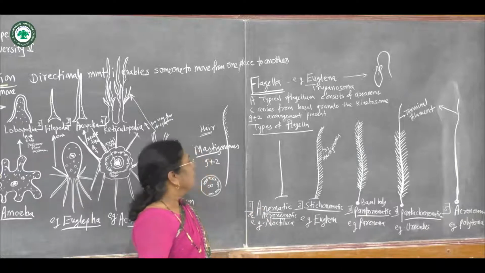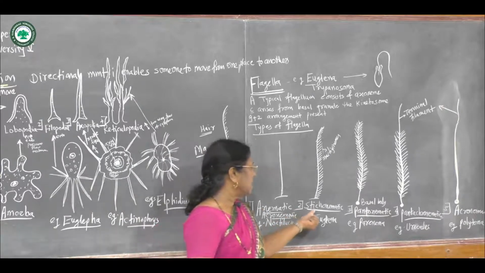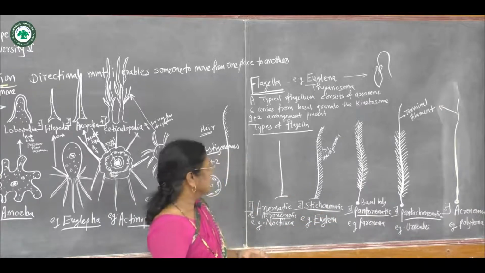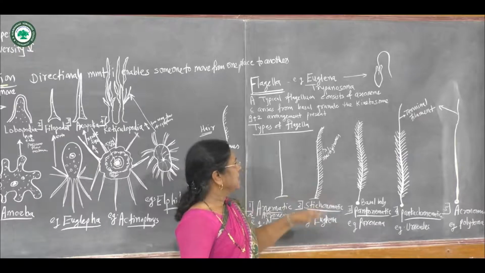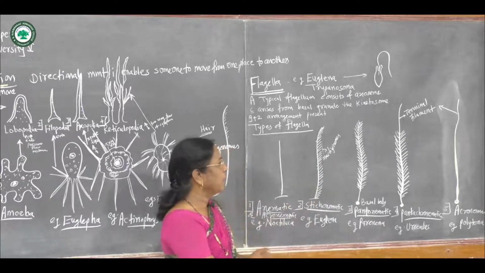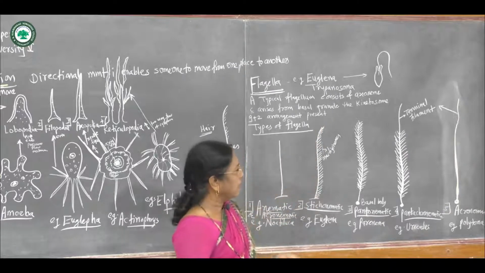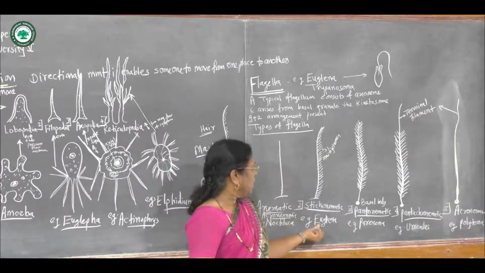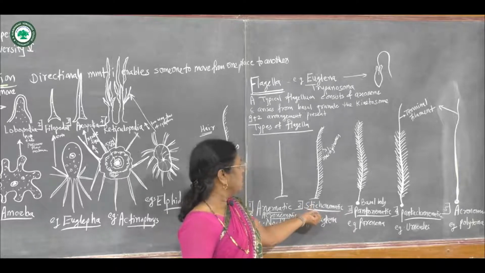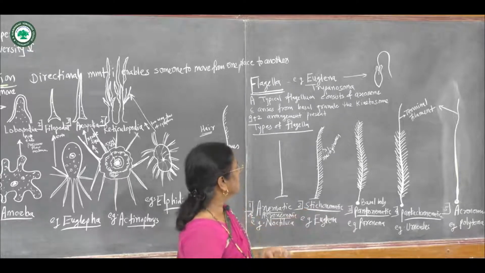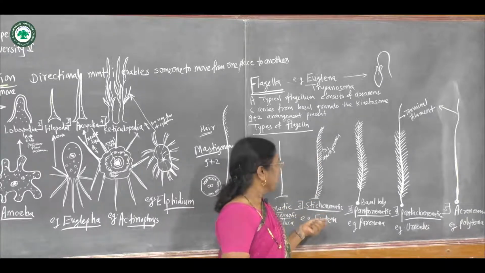Second type of flagella is called stichonematic, which has mastigonemes on only one side throughout the flagellum. Example, Euglena.